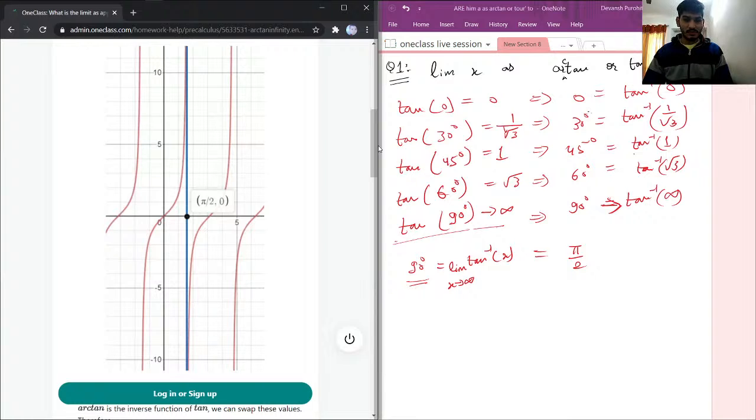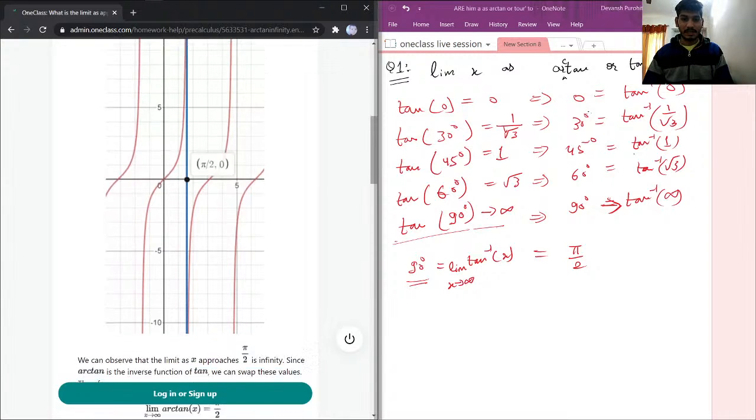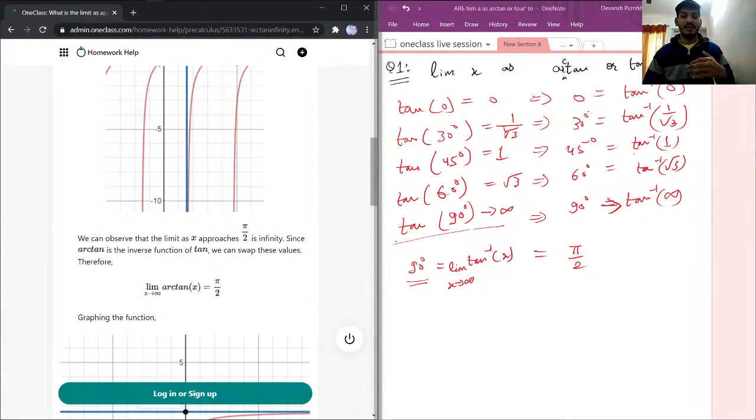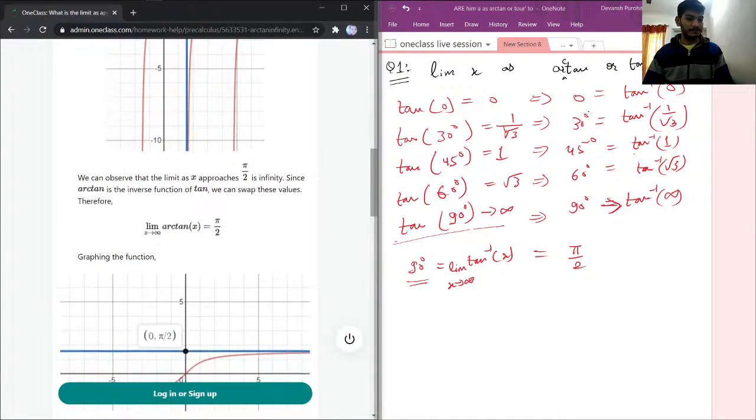As my angle reaches pi by 2, we have an asymptote, and the tangent of pi by 2 is approaching infinity, but the property of an asymptote is that it is never equal to infinity.